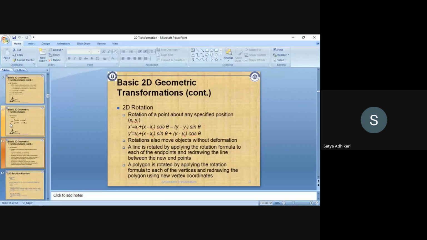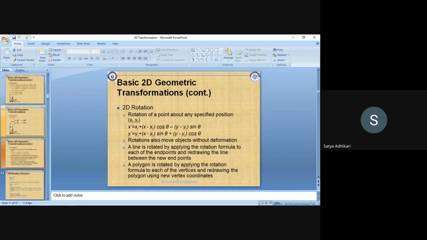Similarly, a polygon is also rotated by applying the rotation formula to each of the vertices, like translation, and you redraw the polygon using the new vertex coordinates. So in this way, a point, a line, and a polygon can be rotated like a translation.